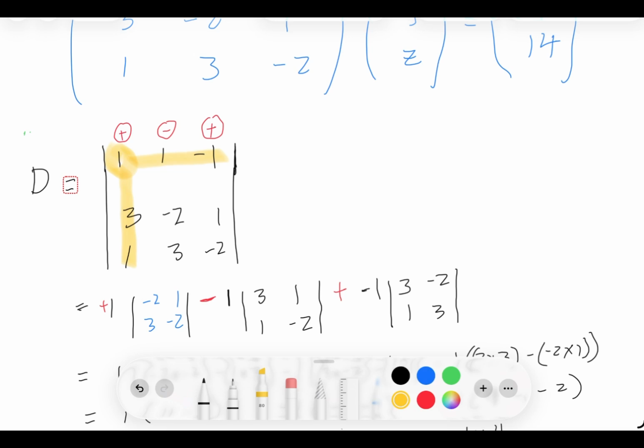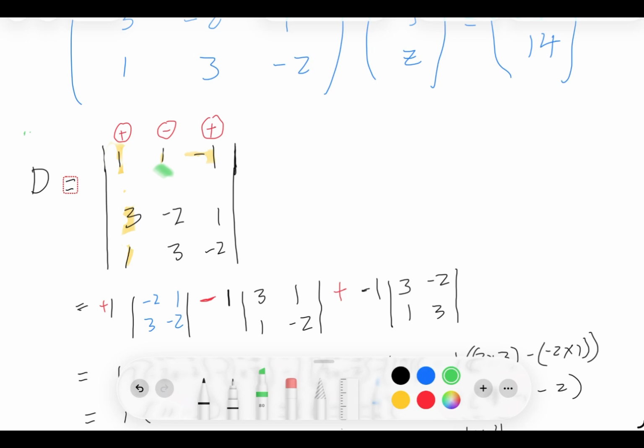Then we move over to our next number, which is your 1 again. This one here.